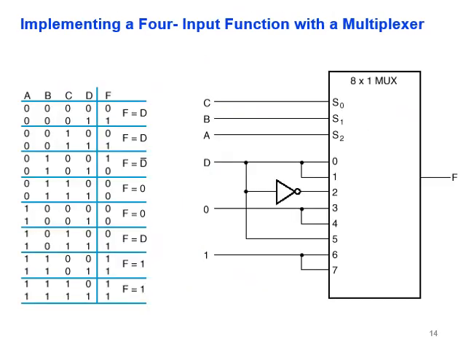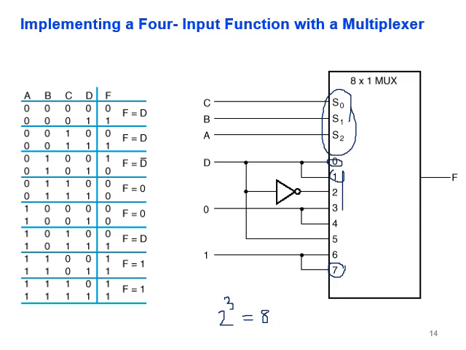Now, implementing a 4-input function with a multiplexer, as you can see here, we go up, we need more switching. This is when we talk about 8 bits. It means 2 to the power 3, which is 8 bits, starting from 0, 1 to 7.